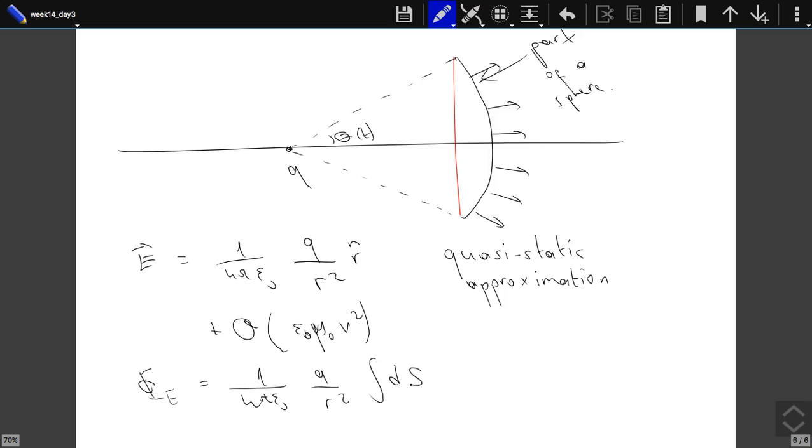Well, that is basically what we need to calculate. I can use spherical coordinates to calculate that patch. This is 1 over 4 pi epsilon 0 q over r squared. Well, dS, the surface element in spherical coordinates for a surface on a sphere, is r squared sine theta d theta d phi.